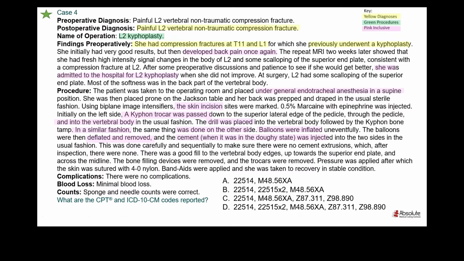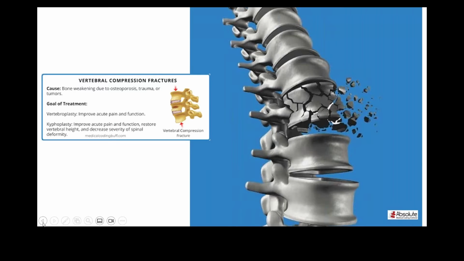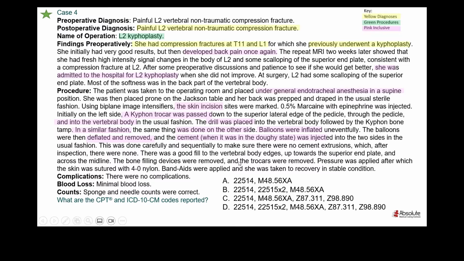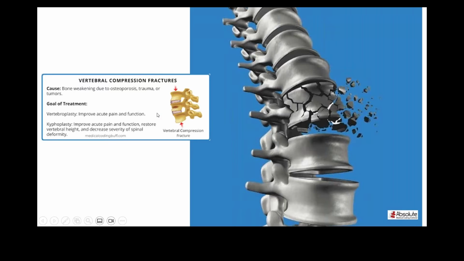The balloons were inflated, deflated, removed. The cement, when it was in a doughy state, was injected into the two sides as well. So that's all we have in highlighting the keywords.